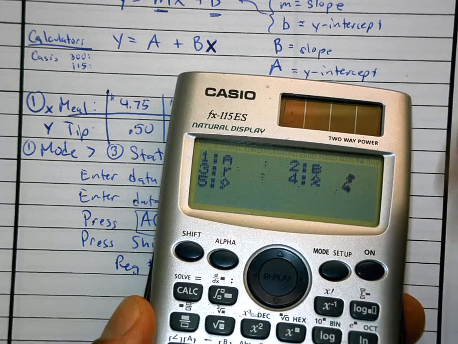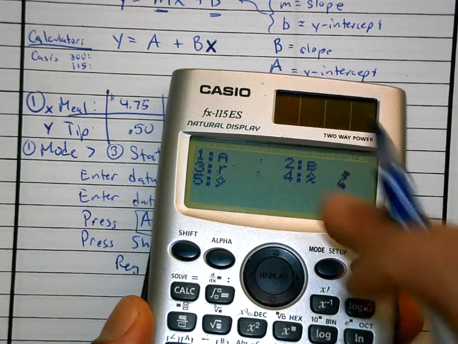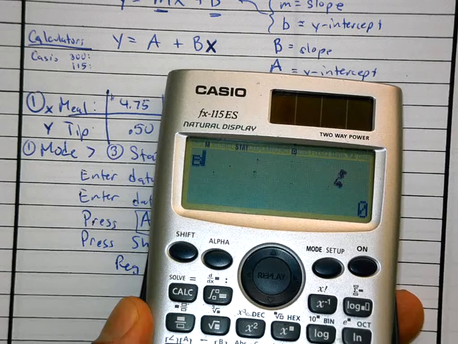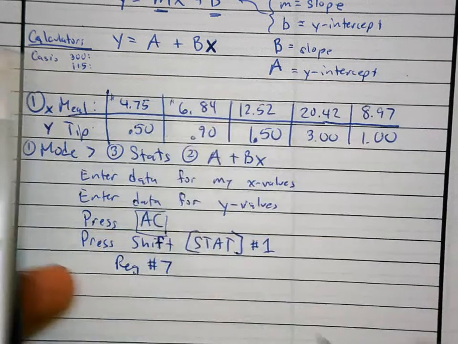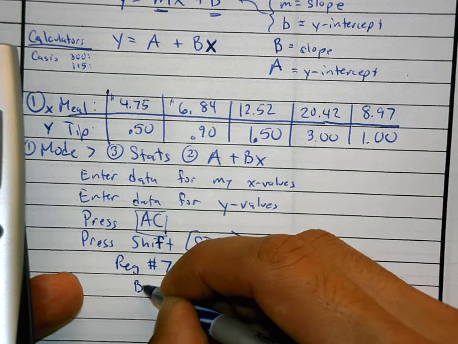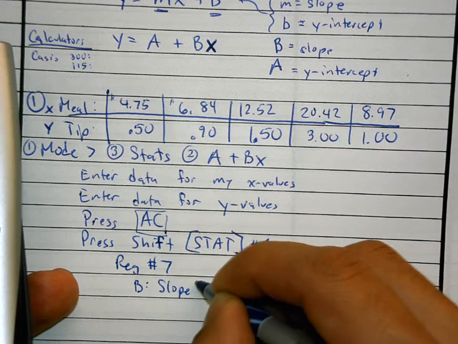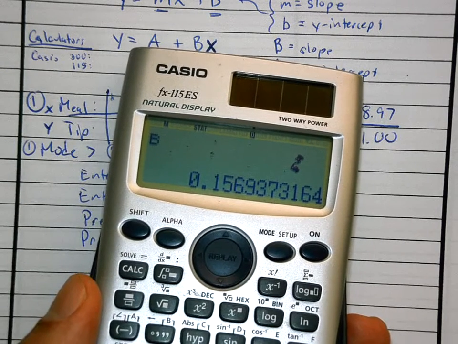So let's write down what the B is first, number 2. On my calculator it says B, and I press enter, and it gives me a number. B stands for your slope. My slope is 0.15693733164.